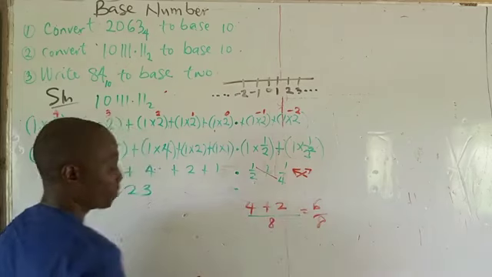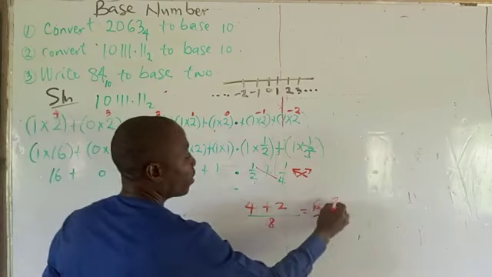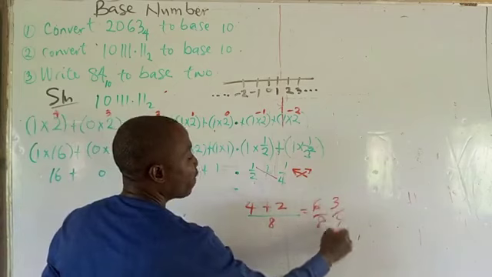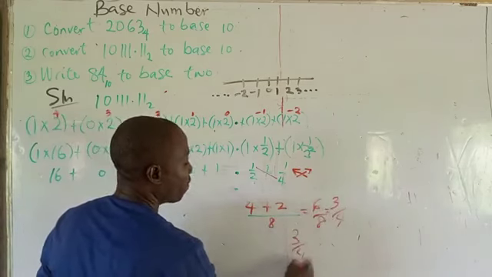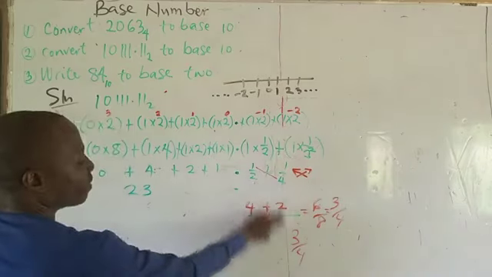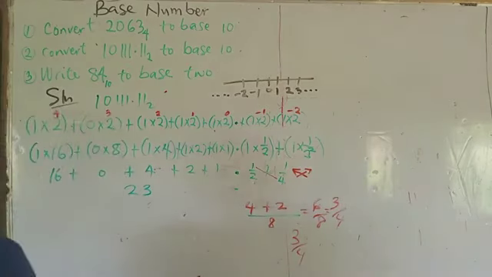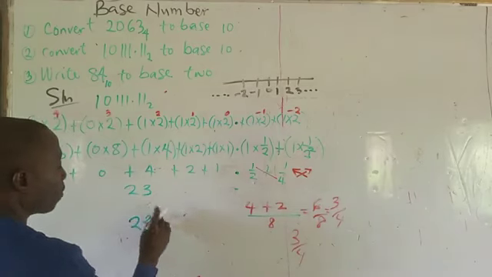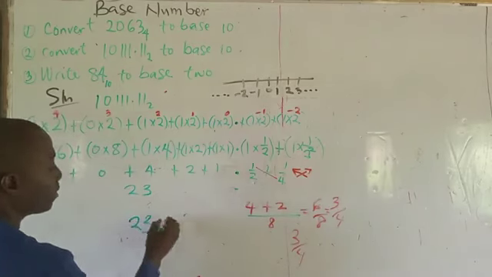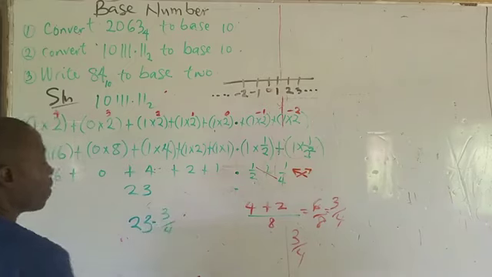And what can cancel? 2 into 6 is 3, 2 into 8 is 4. You see? So on this side we have 3 over 4, that is 0.75, or 3/4. You see that? So our final answer becomes 23 and 3/4.